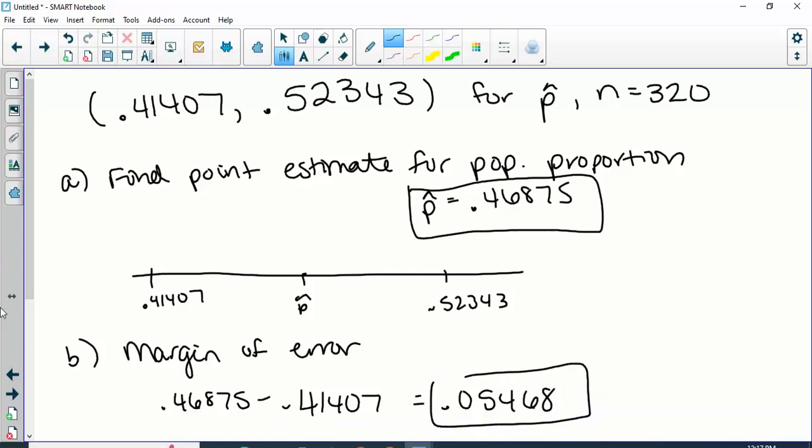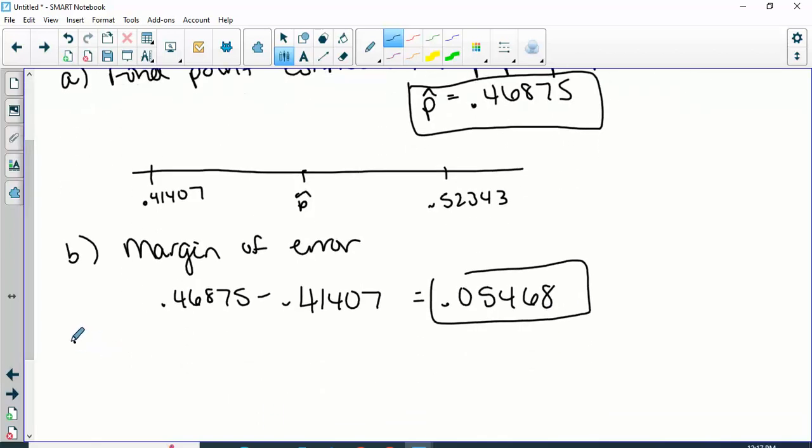What if I asked you for X? Multiply that by n. We know p hat equals x over n. So we have the p hat. Our n was 320.